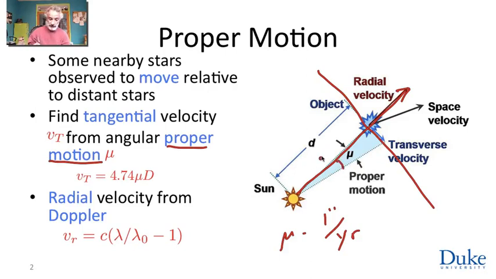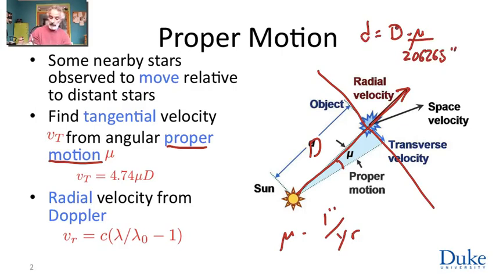If we know its distance, which I call capital D, unlike this diagram, then the small angle formula tells me that the little distance d that it travels in the course of a year is D times mu. And this is its motion in what units? Well, if I write mu divided by 206,265 arc seconds, then this is a number.